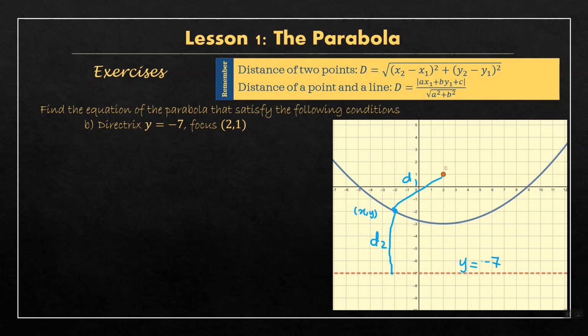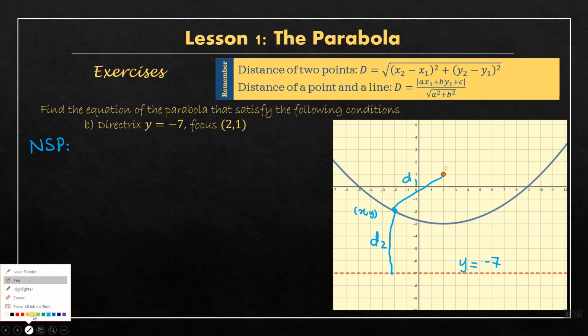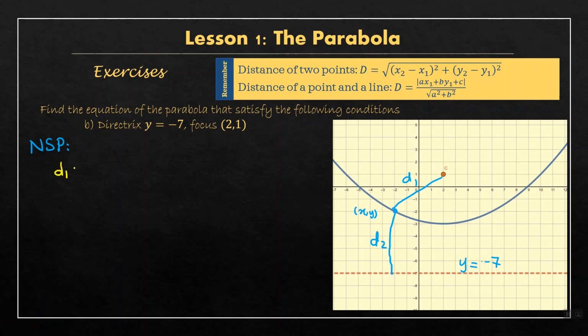I'll say that d1, so this is first of all in non-standard position, equals d2. This is the definition of the parabola. The first distance should be equal to the second distance.